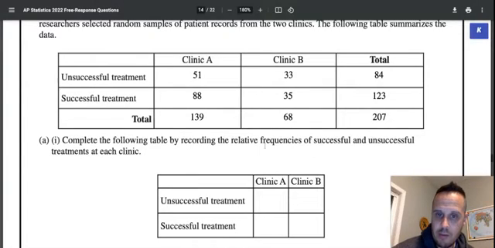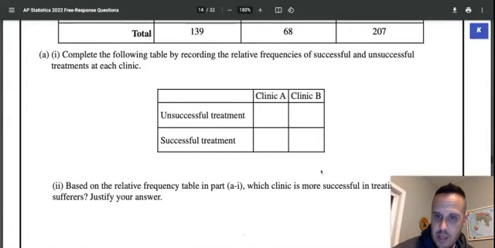Complete the following table by recording the relative frequencies of successful and unsuccessful treatments at each clinic. So Clinic A is 51 out of 139 and 88 out of 139, and Clinic B is 33 out of 68 and 35 out of 68. So this is almost 50-50, whereas this one is much less, okay?